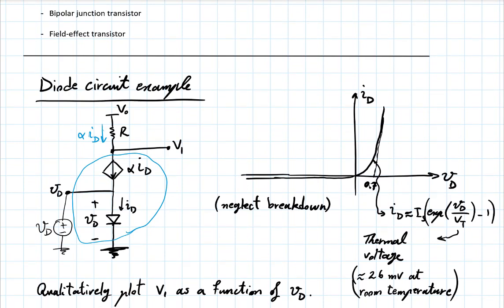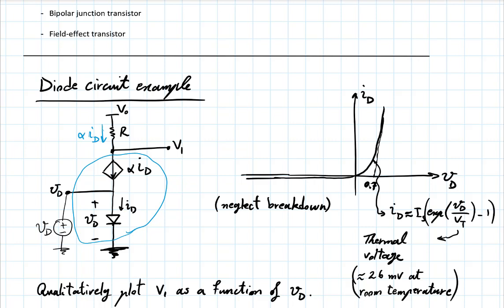The current ID depended exponentially on the voltage VD, and the current in the upper branch was simply alpha times that. Did this current alpha ID depend on the voltage at V1? No. In this simplified model, it didn't.